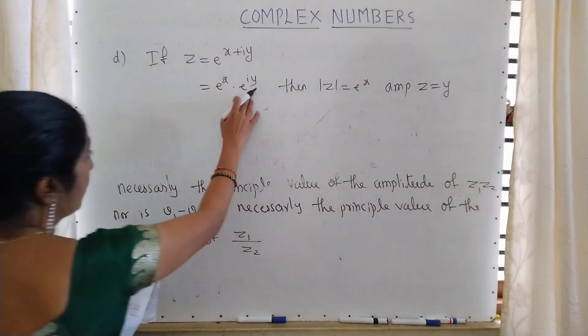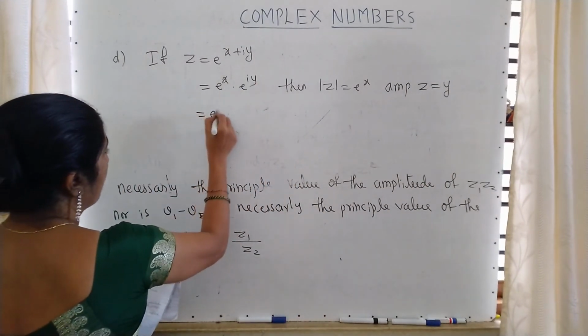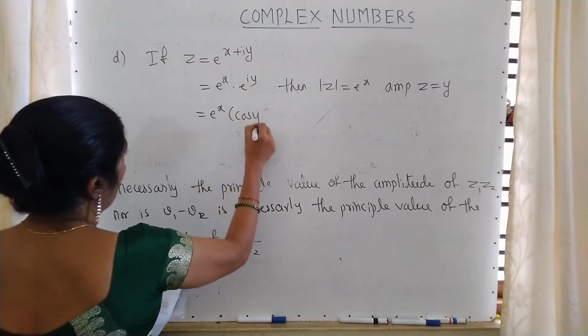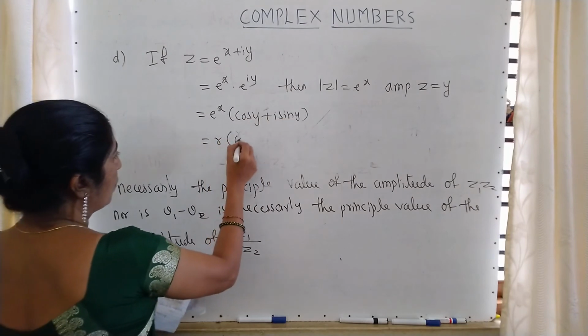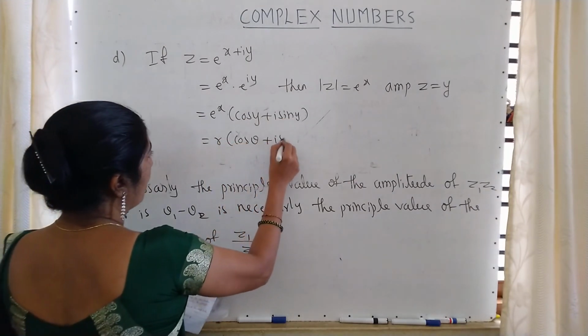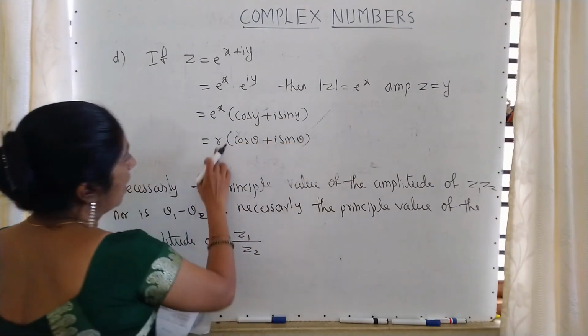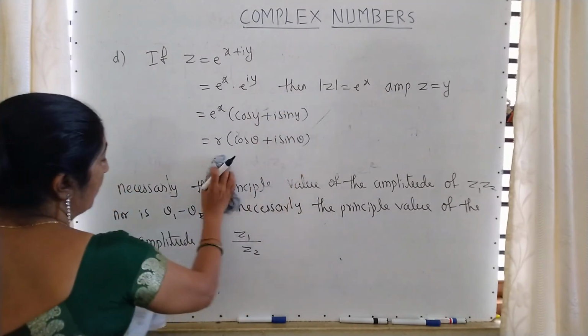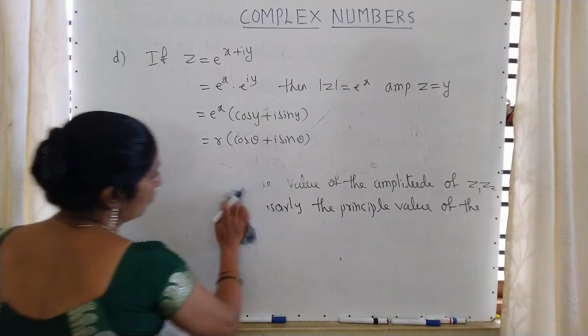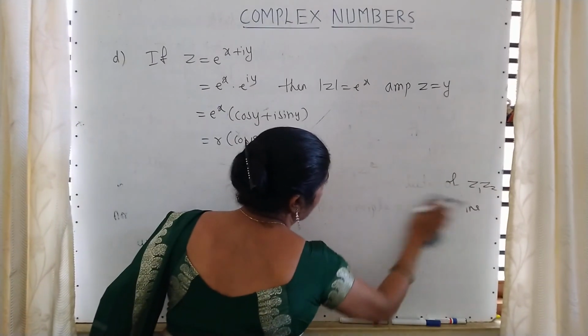Amplitude means angle, because only this you can see. It will be written as cos y plus i sin y. See, is it in the form of r cos theta plus i sin theta? r is called the modulus and theta is called the amplitude. So amplitude of z, compare that, is nothing but y.